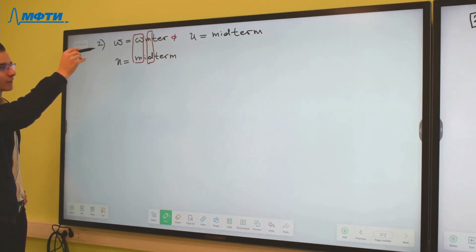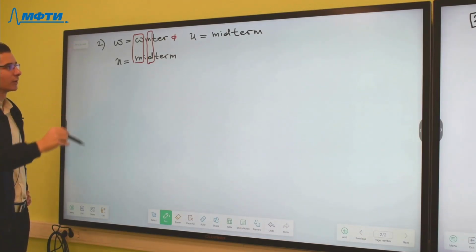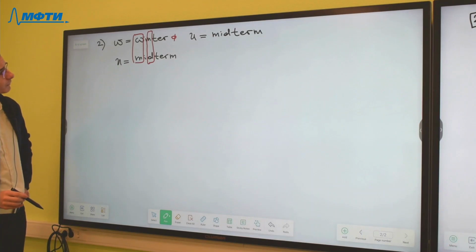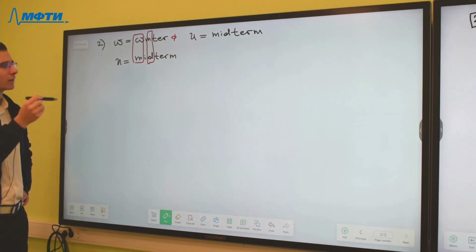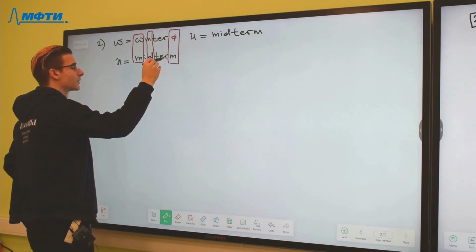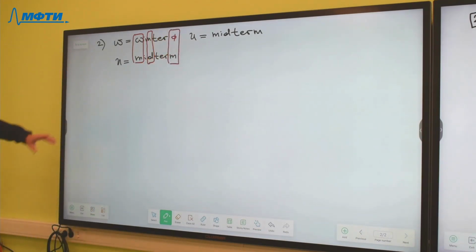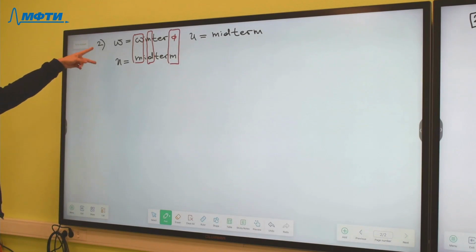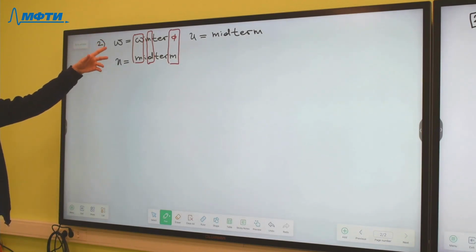We can use an empty set to imagine it, or lambda. It's not important. So the distance between these two words is equal to 3.